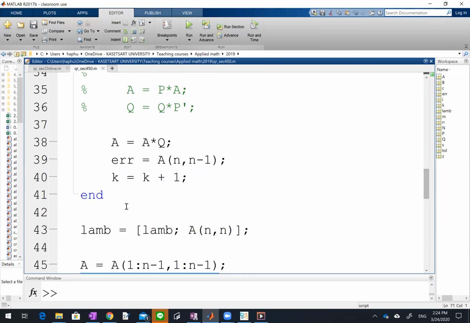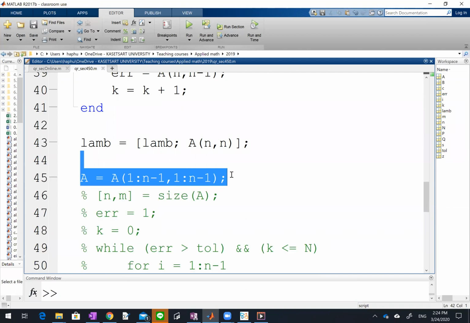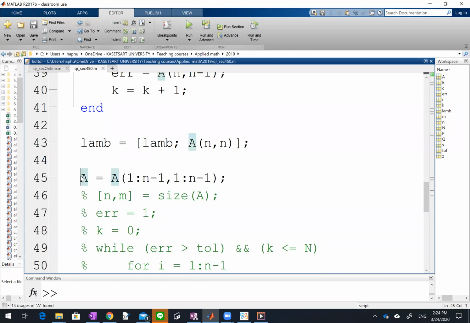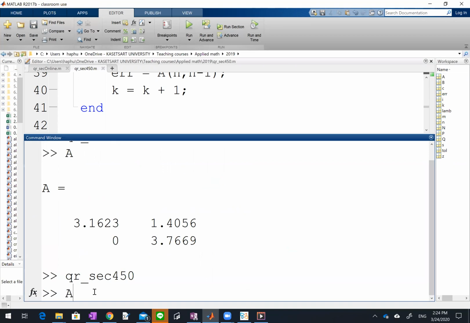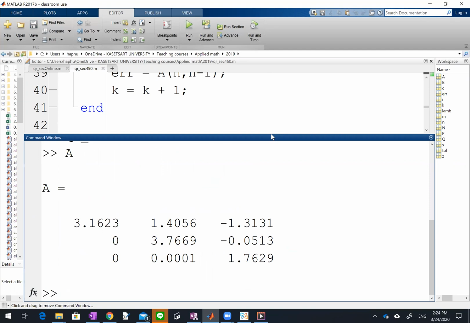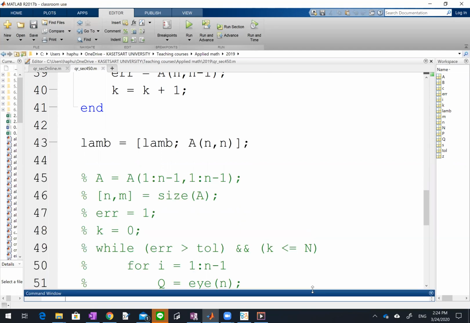So after I finish this, I store my lambda, then just comment this one, run it, and then let's see my A. Oh, did I make a mistake in my code earlier?